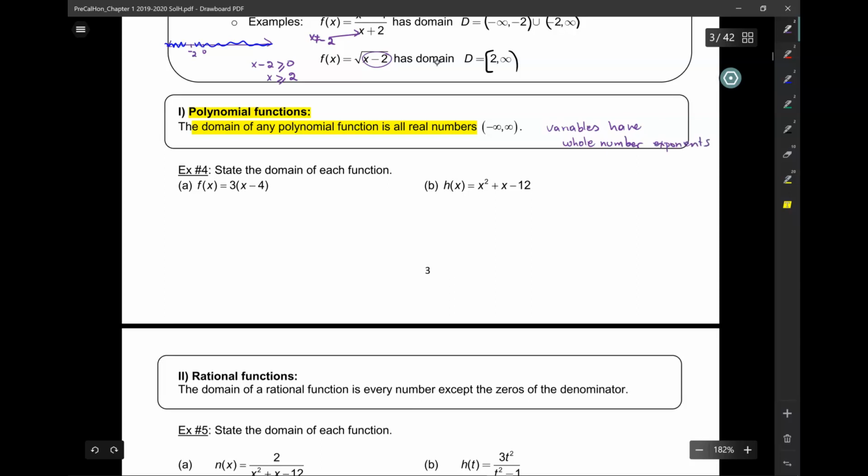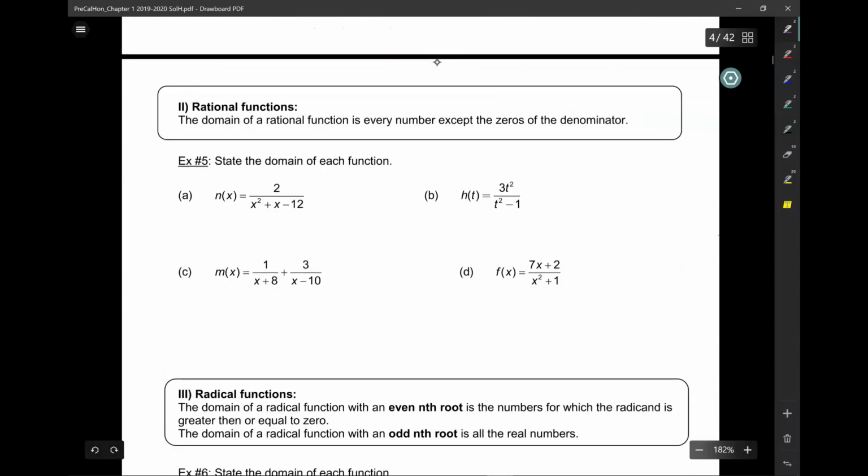That means 0, 1, 2, 3, 4. No fractions, no negatives. This is a polynomial function for part A. The domain is all real numbers. This is another polynomial function. What's the domain? All real numbers.